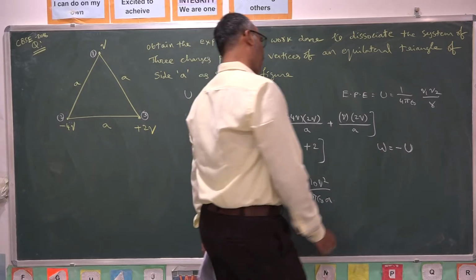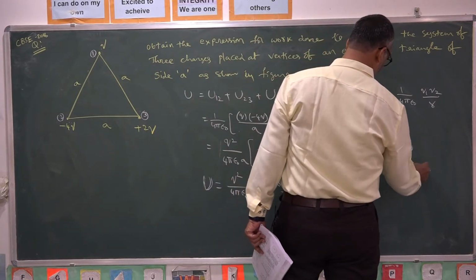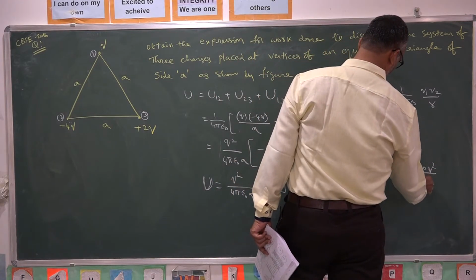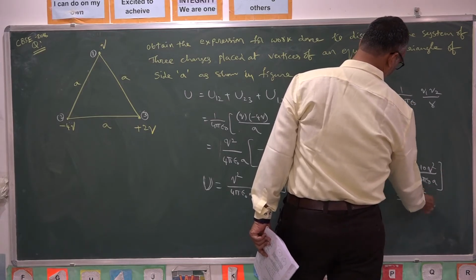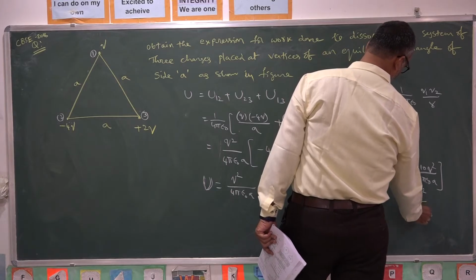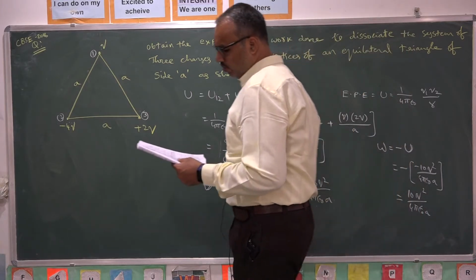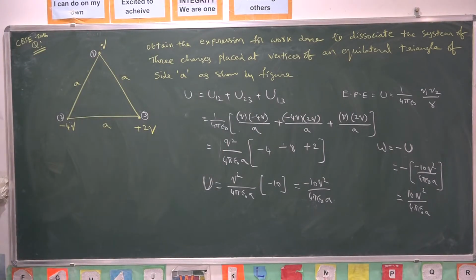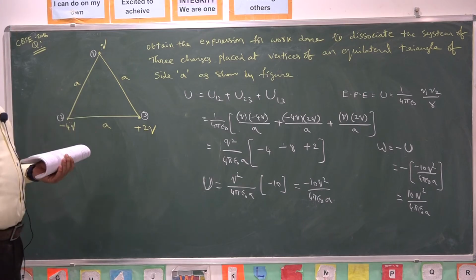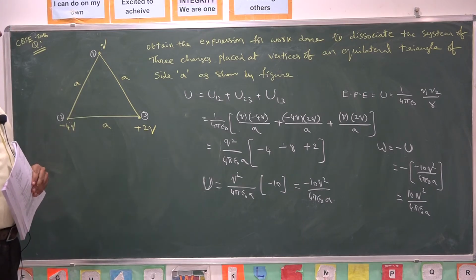So minus of minus 10 Q square by 4 pi epsilon naught A. So answer is 10 Q square by 4 pi epsilon naught A. So this is the amount of work done to dissociate or to separate the given distribution of 3 charges. So here work done is positive, energy possessed is negative. Once you read this electrostatic potential energy concept, then you can solve this problem very easily.